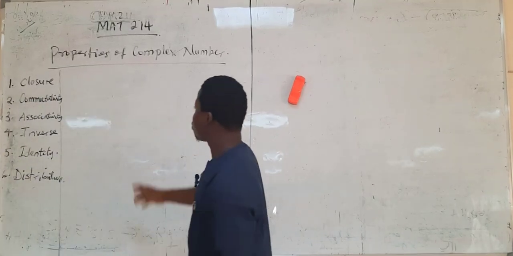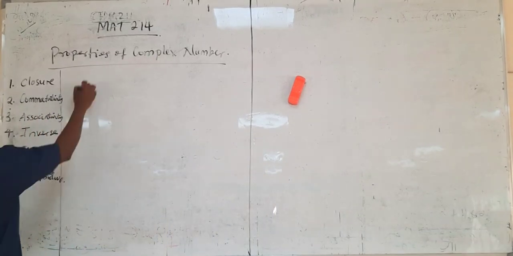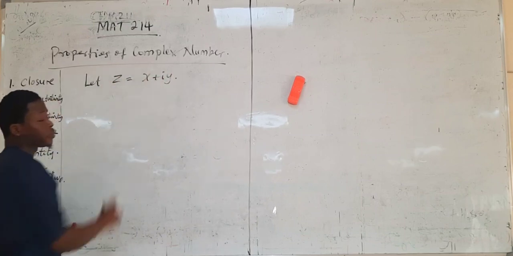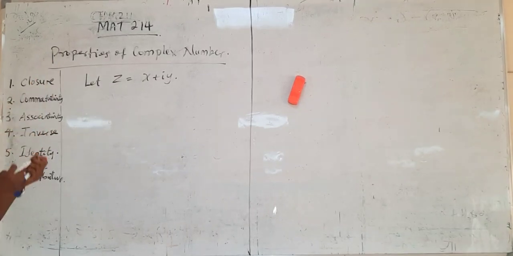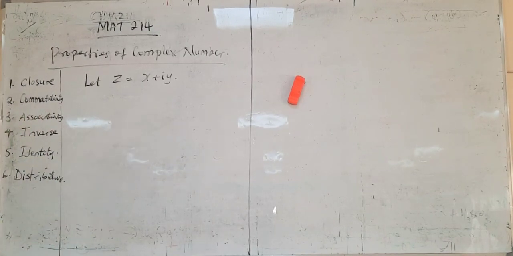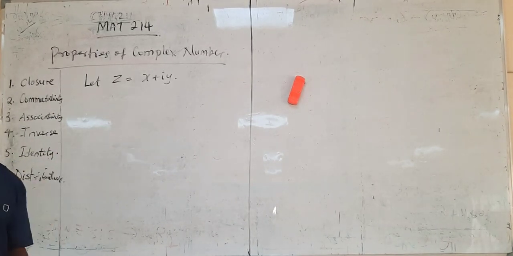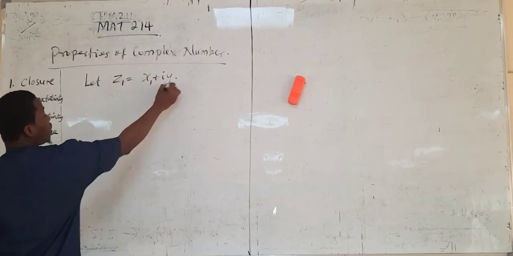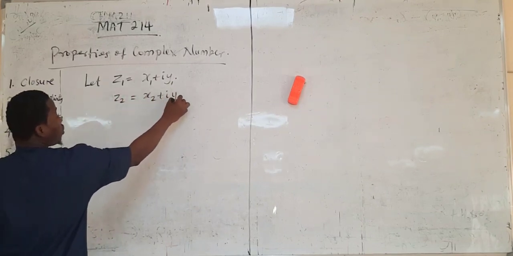Now, we say that we're talking about complex numbers. So what we're using is, let z be equal to x plus iy. So this is a complex number z. Now what we're saying is this: for the closure property, whatever addition is added to this complex number, let's say maybe a scalar or another complex number, let's say this is z1, x1, y1, and this is z2, x2 plus y2.